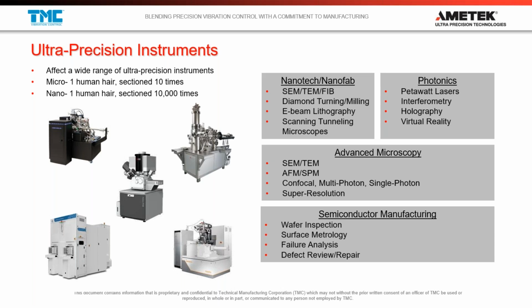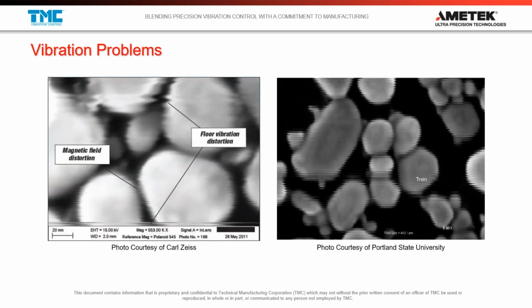Advanced microscopy, atomic force microscopy, scanning probe microscopy, even a fair amount of optical microscopy, like confocal, multiphoton, and single photon microscopy. And of course, the semiconductor industry, where we look at wafer inspection and surface metrology and failure analysis, and defect review and repair.